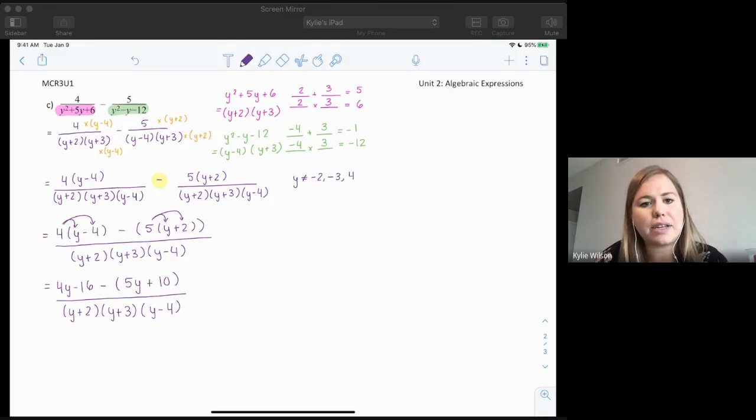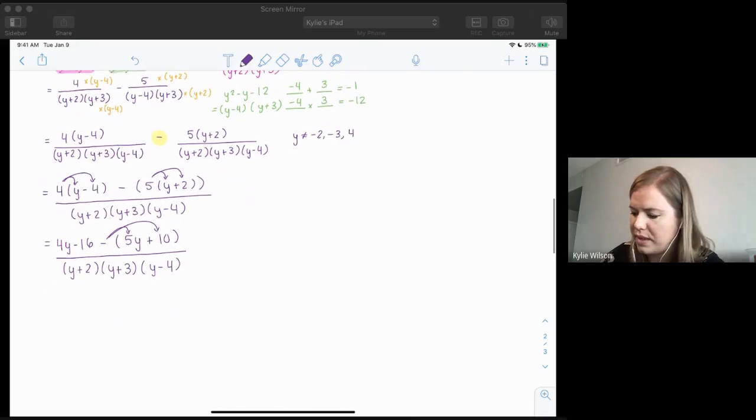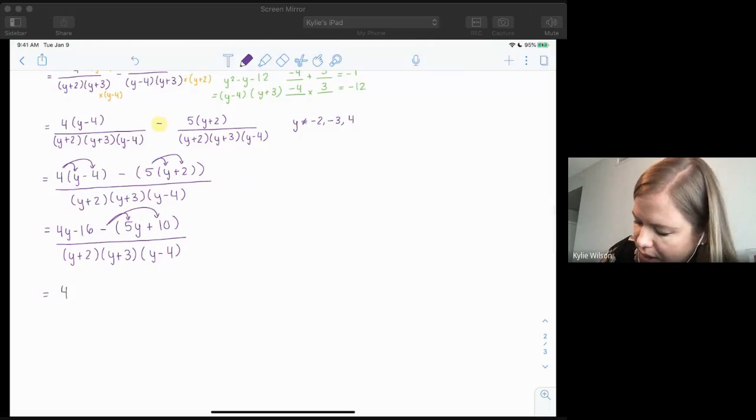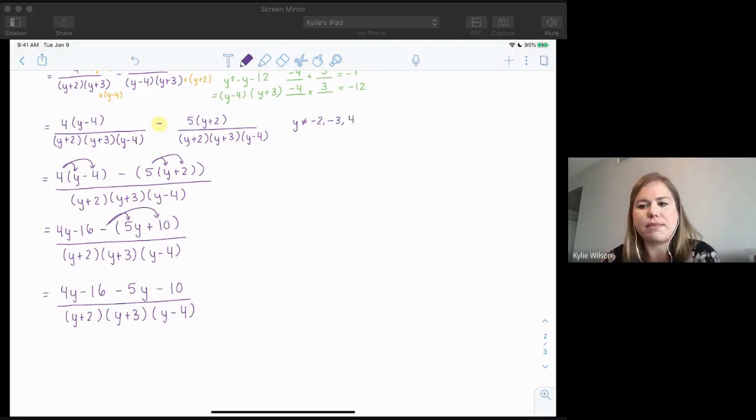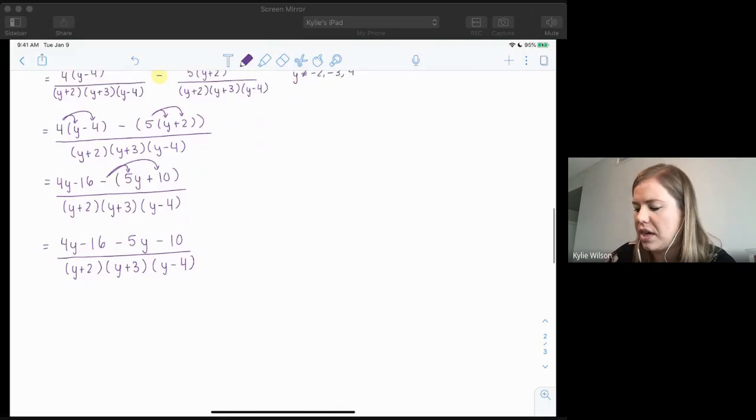Now, that negative in front of our 5y plus 10 bracket is very important because we need to make sure that that also gets multiplied in. So we will have 4y minus 5y minus 10 all over y plus 2, y plus 3, y minus 4. Now let's collect some like terms at the top.